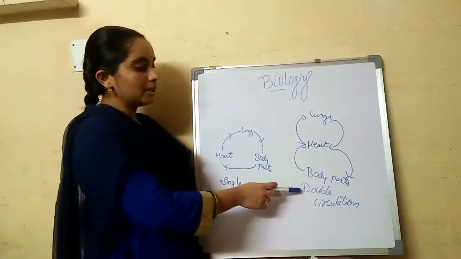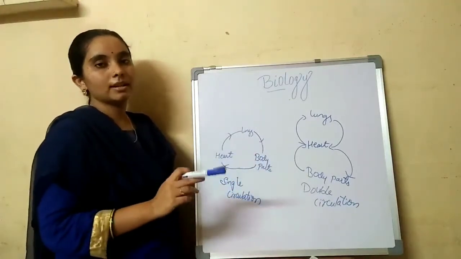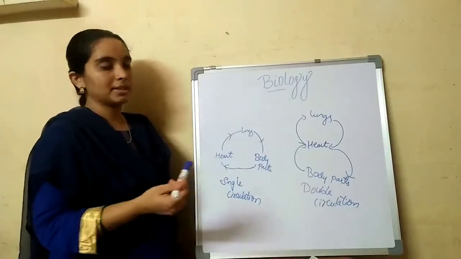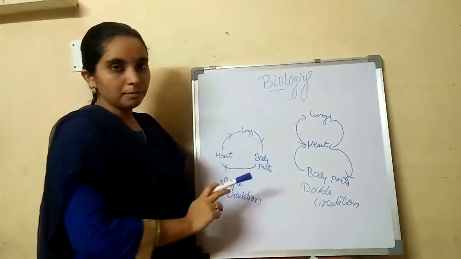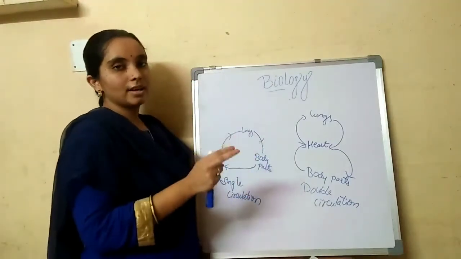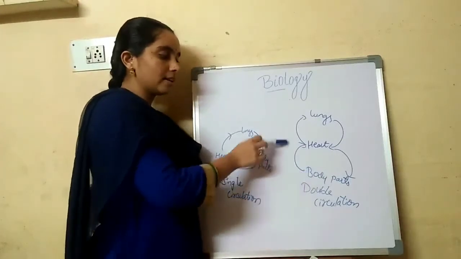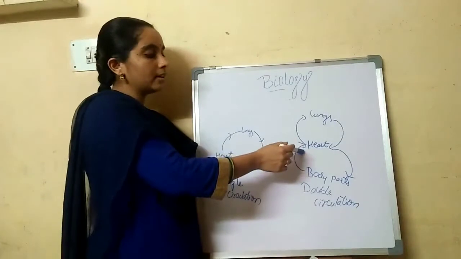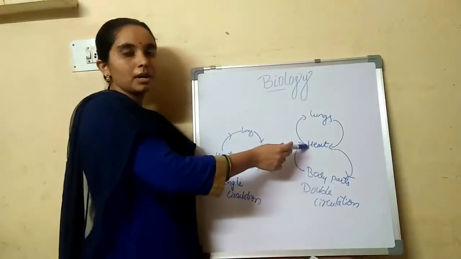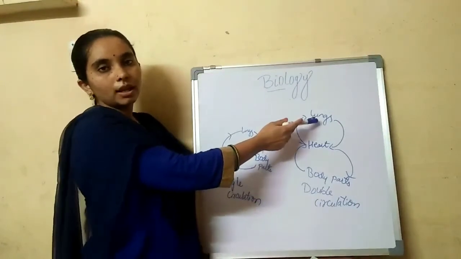Okay, and the double circulation is mainly seen in mammals, like human beings, animals, like that. In this double circulation, the blood enters the heart twice, that is 2 times. When body parts give deoxygenated blood to the heart, the heart collects the deoxygenated blood and sends it to the lungs.